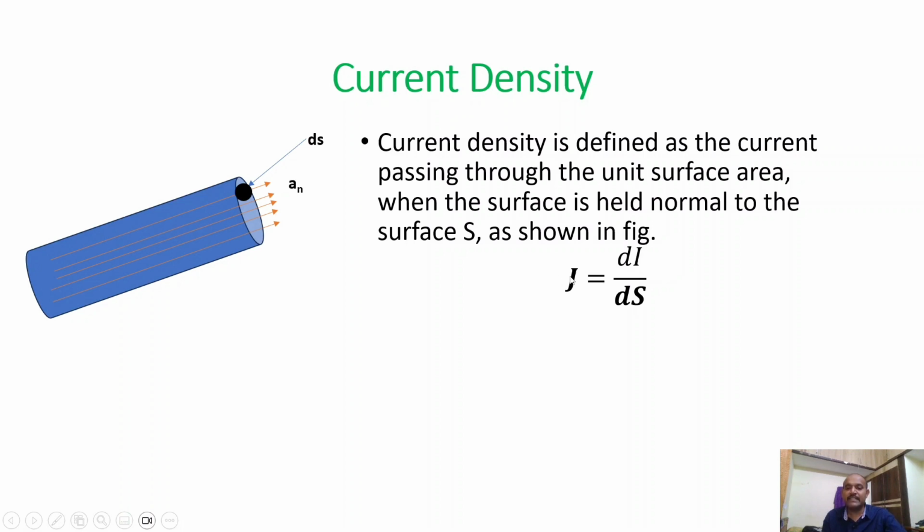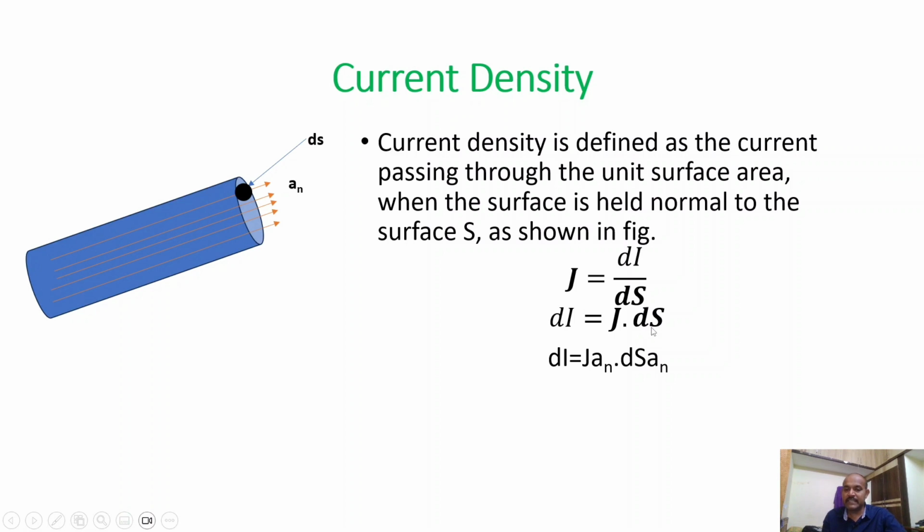I will just rewrite this expression as di equals, I will cross multiply this, vector j dot vector ds. This is the differential current passing through this small differential surface. This di can be written as, this is vector j, the bold letter indicates it is a vector, which can be represented as magnitude into unit vector.